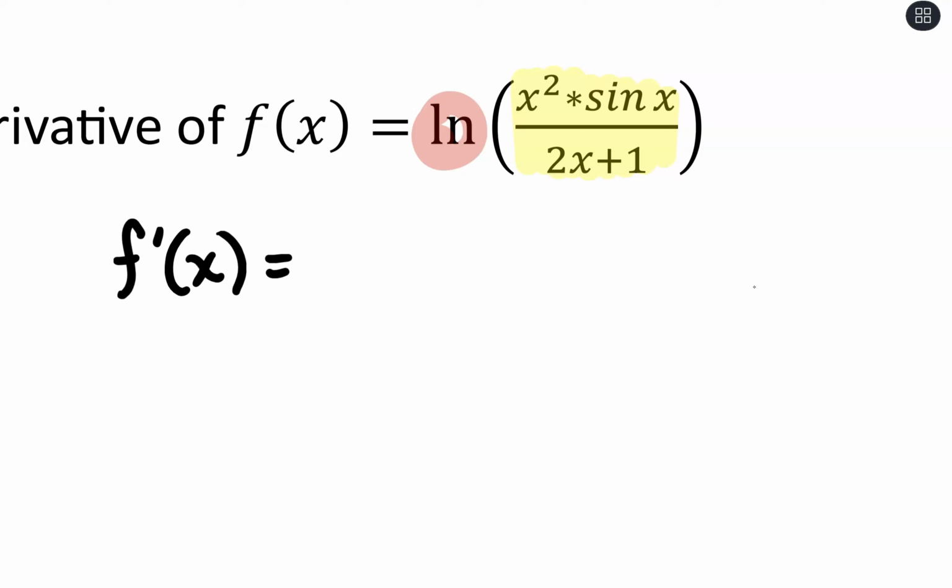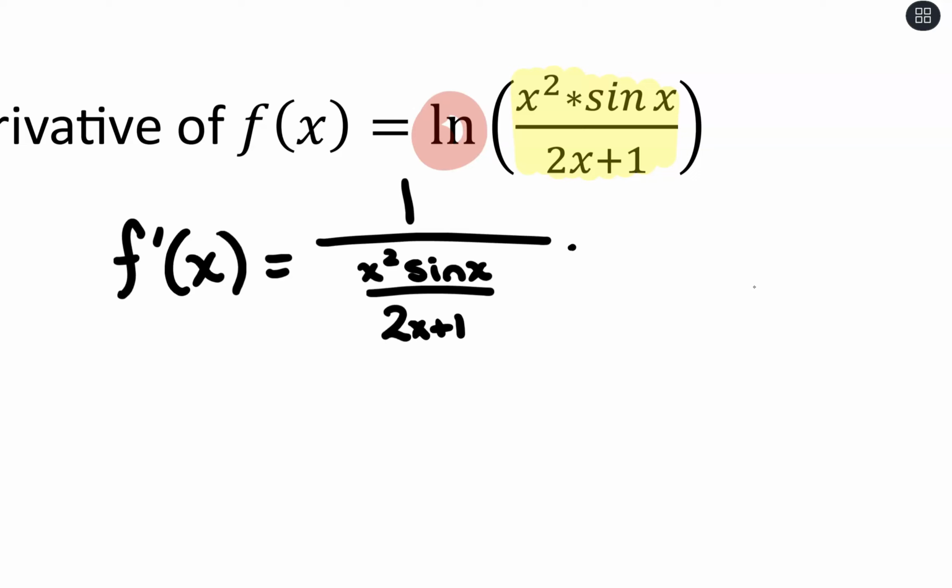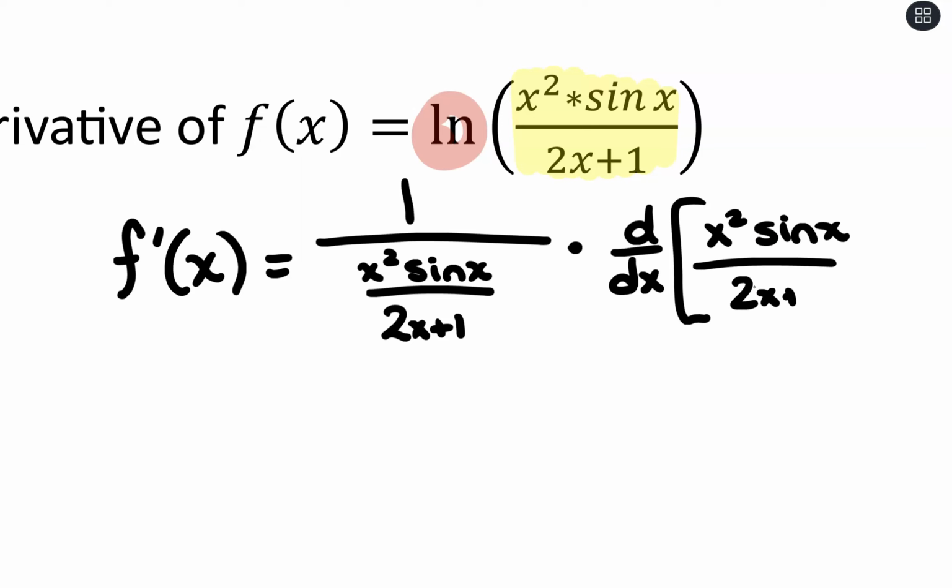So chain rule, derivative of the outside function, so derivative of that natural log tells me to take 1 divided by whatever's inside the parentheses. And then we're going to multiply that by the derivative of that inside function, x squared times sine x over 2x plus 1.